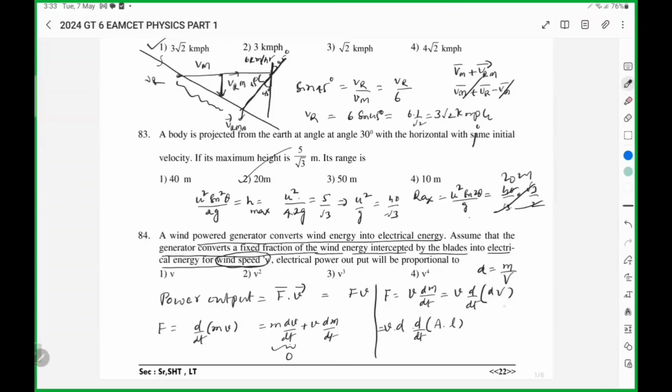It depends upon the length and the area of cross section of the blade, which is fixed, so v into rho A dl by dt, giving rho A v square.